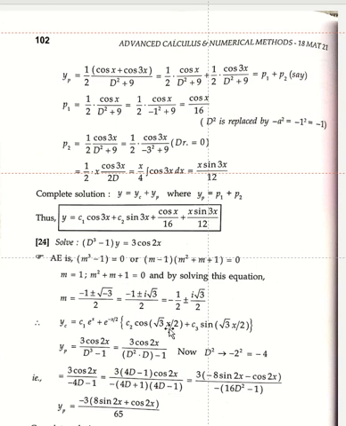Therefore yc for this complex root, here a is equal to minus 1 by 2 and b is equal to root 3 divided by 2. First write the yc for this real and distinct root. Only one root is there, a real root.